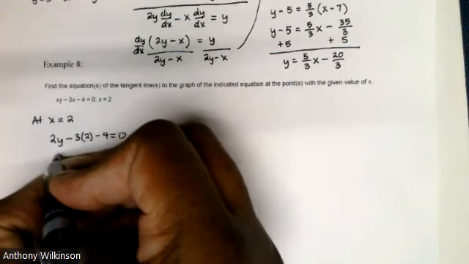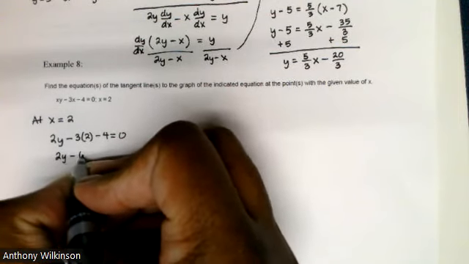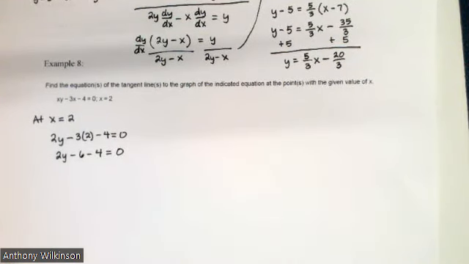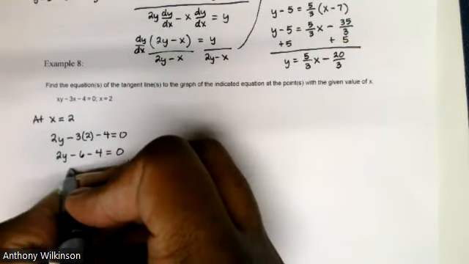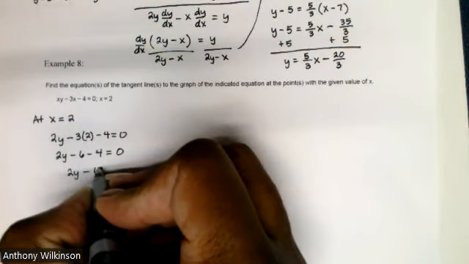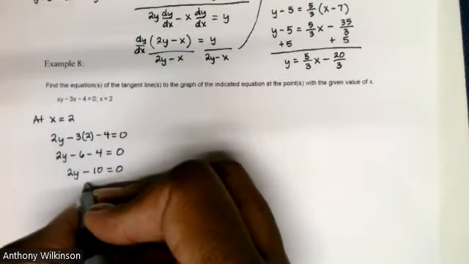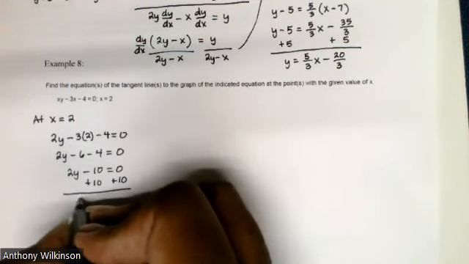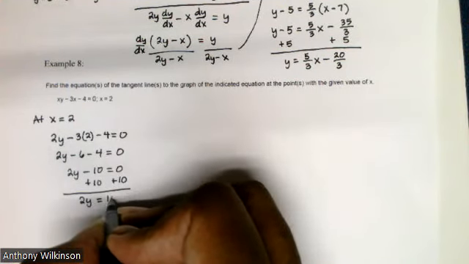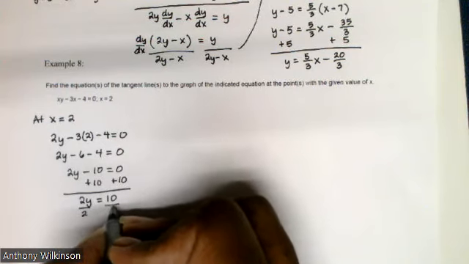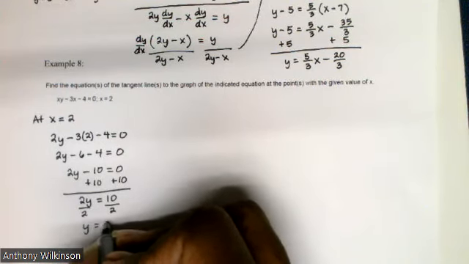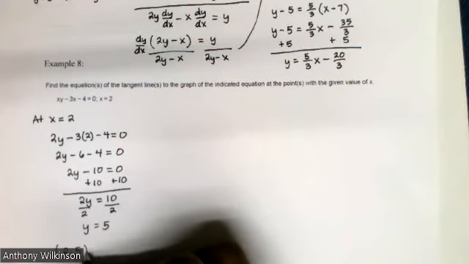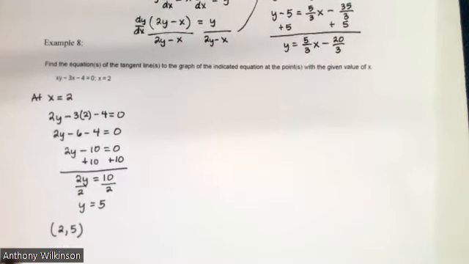Well, 3 times 2 will be 6, so I have 2y minus 6 minus 4 equal to 0. Minus 6 and a minus 4 will be minus 10, so 2y minus 10 is equal to 0. Add 10 to both sides. That means 2y is equal to 10. Divide by 2, you get y is equal to 5. So the point we're going to be dealing with would be the ordered pair 2, 5.